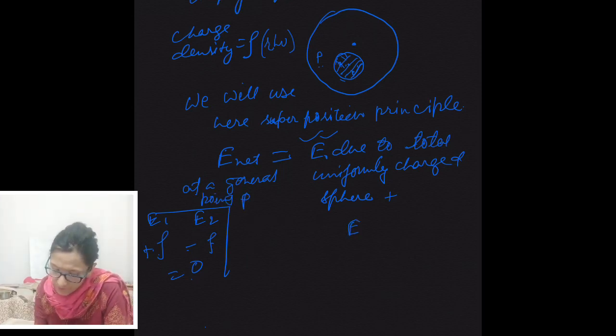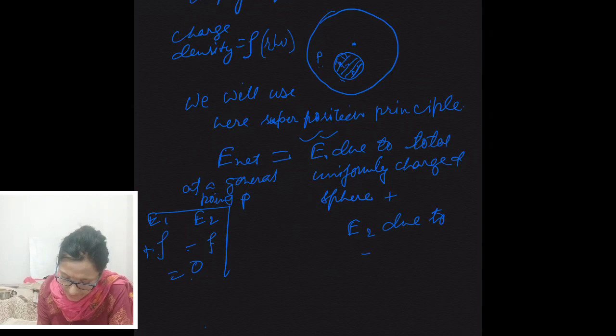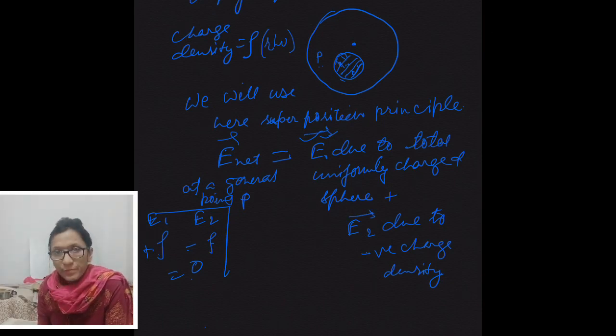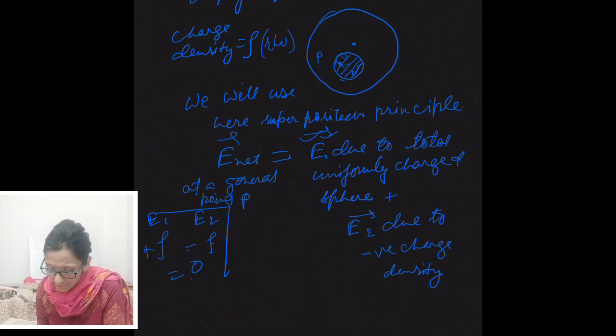This is the net electric field at a general point P, equal to E1 plus E2, where E2 is due to the negative charge density.